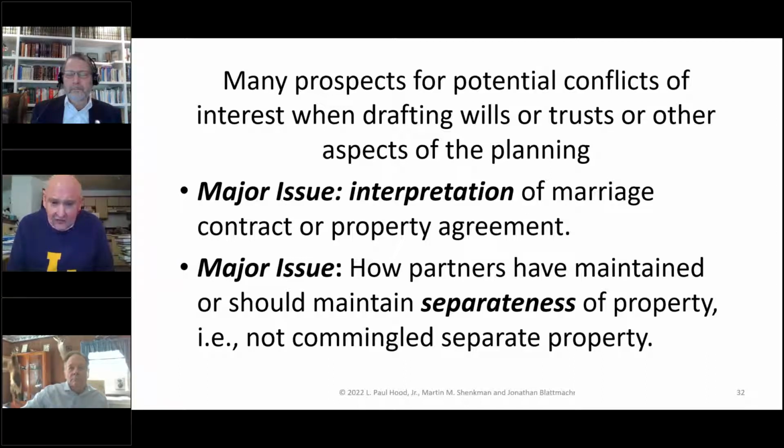Another issue that often arises in community property states, or even in common law states, is if a couple has commingled property, and it's basically bled out of their separate property into the community, or maybe from their separate property into jointly held property, but it really wasn't intended to be a transfer.